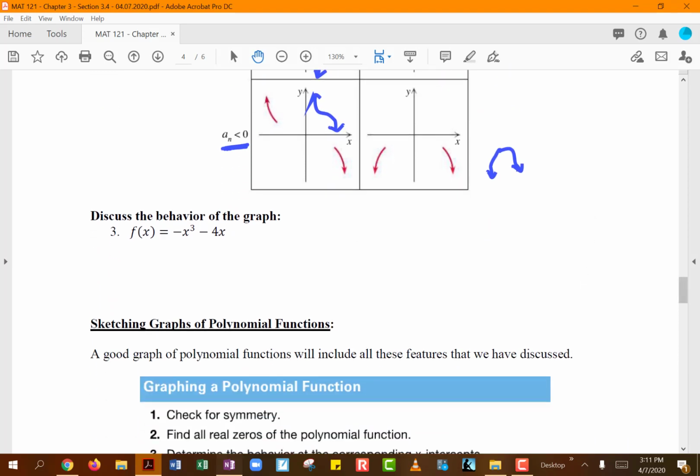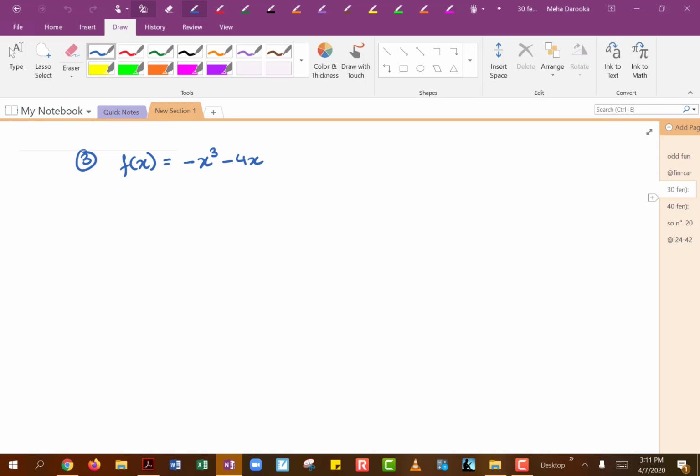So let's take a look at this example here. f of x equals negative x to the third minus 4x. Okay, so our first term is this right over here. So this will be our exponent n. So n equals 3, right? That's my degree of the polynomial.